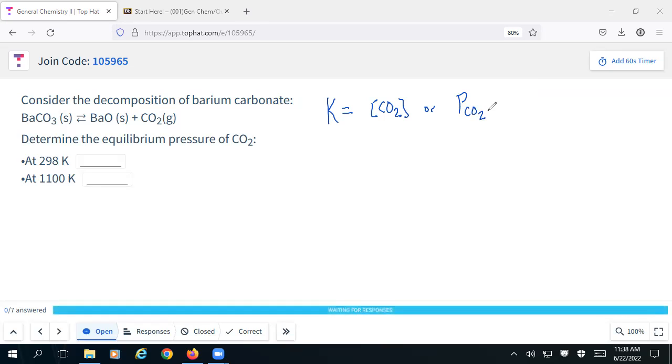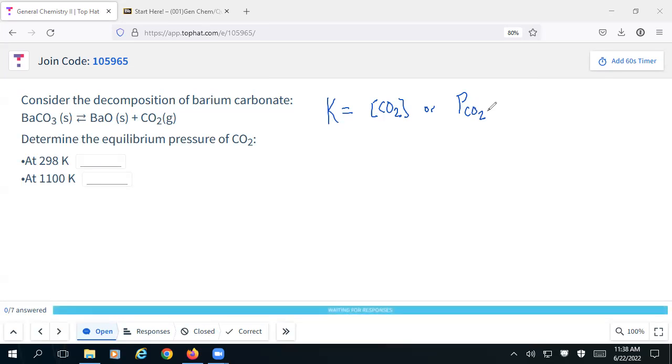the barium oxide is a solid, not in the equilibrium constant. The barium carbonate is a solid, not in the equilibrium constant. So if we find the value of the equilibrium constant K, that would stand in for either the concentration of the carbon dioxide, or in our case, what we're looking for, the pressure of the carbon dioxide.